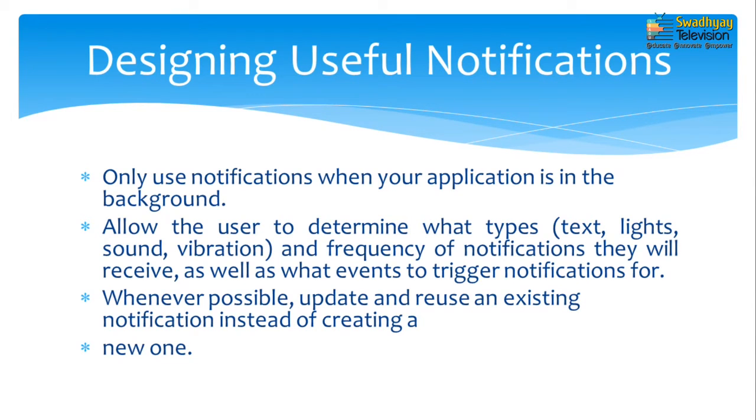Then allow the user to determine what type and frequency of notification they will receive, as well as what events to trigger notification for. For example, text, lights, sound or vibration, whatever type of notification the user requires, you have to consider that.